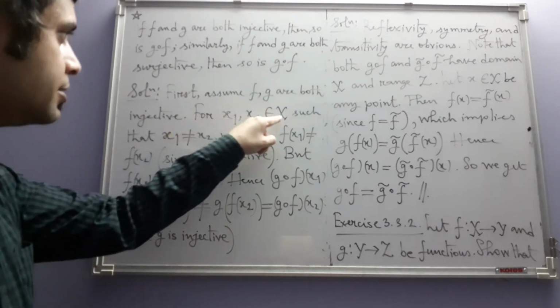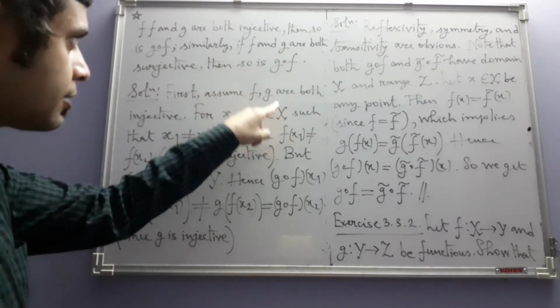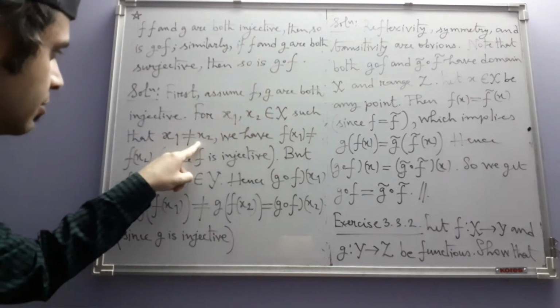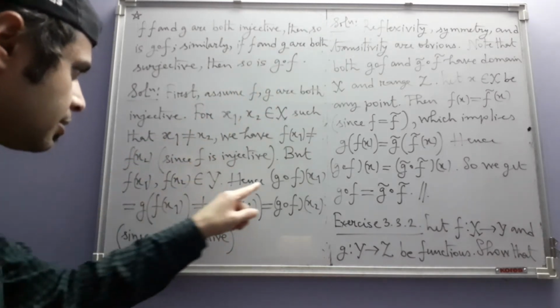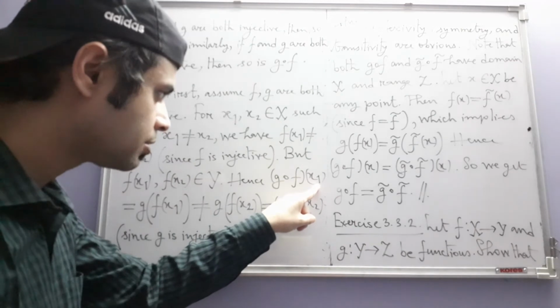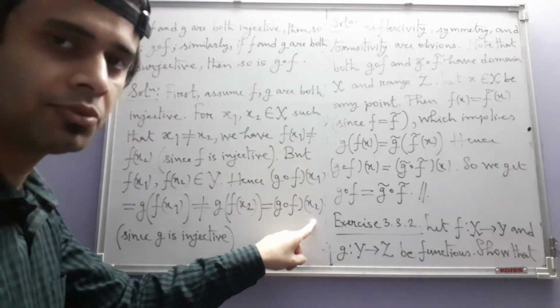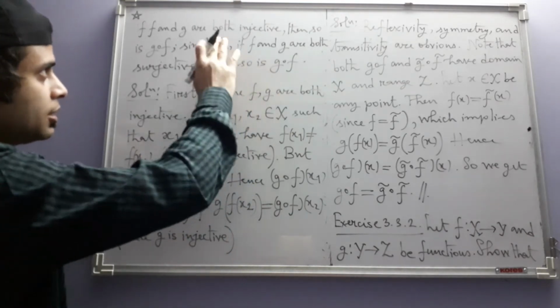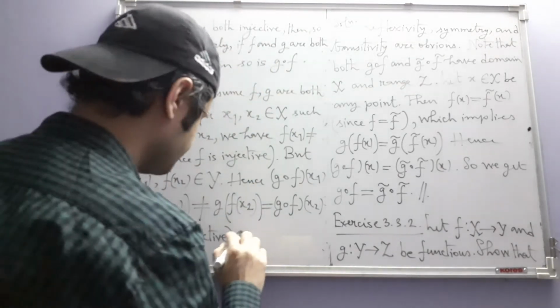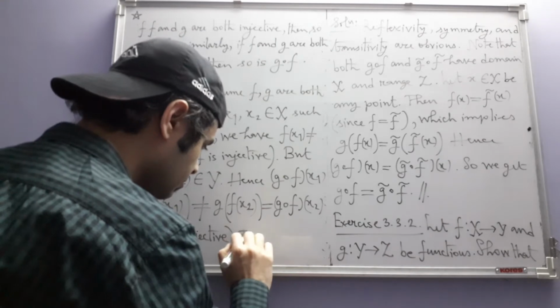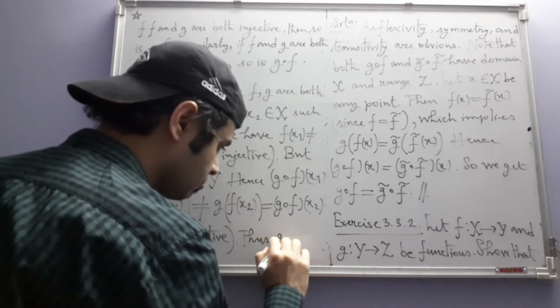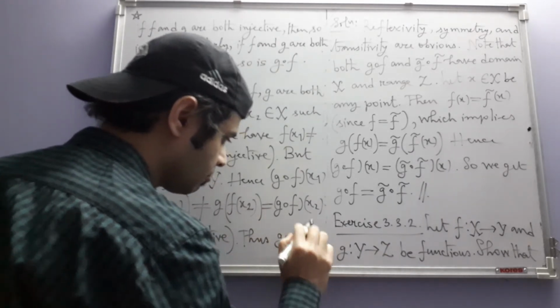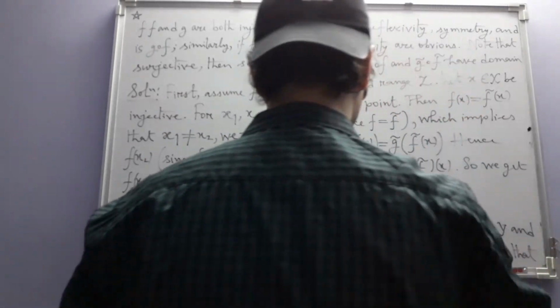We have taken distinct points in the domain X of g composition f, and we have proved that the corresponding outputs g composition f of x1 and g composition f of x2 are also distinct. So that's why g composition f is injective.